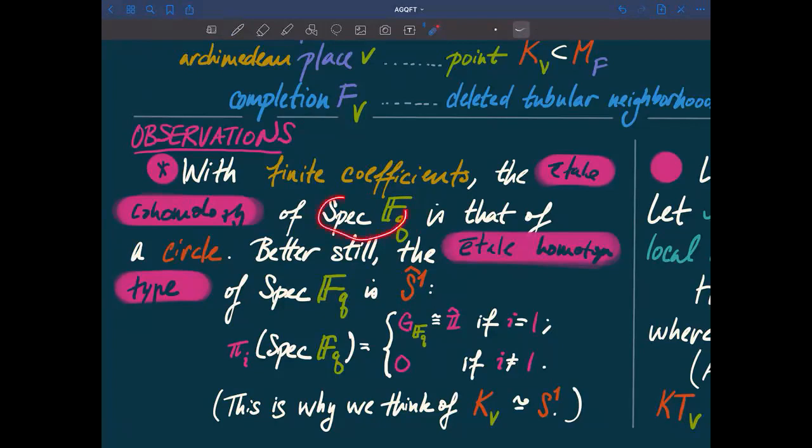But if I look at Spec F_q bar, then that's acting as the universal cover of this Spec F_q. And the Galois group, or the space of deck transformations for that universal cover, is exactly Z-hat. Right. And that Z-hat, what is that Z-hat? It's got a topological generator, which is the Frobenius. Mm-hmm. Yeah. Cool, okay. Thanks.